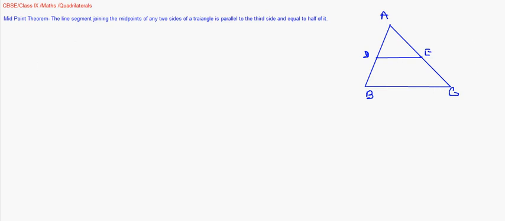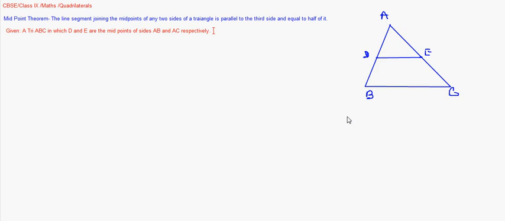So I write here, given: a triangle ABC in which D and E are the midpoints of sides AB and AC respectively.